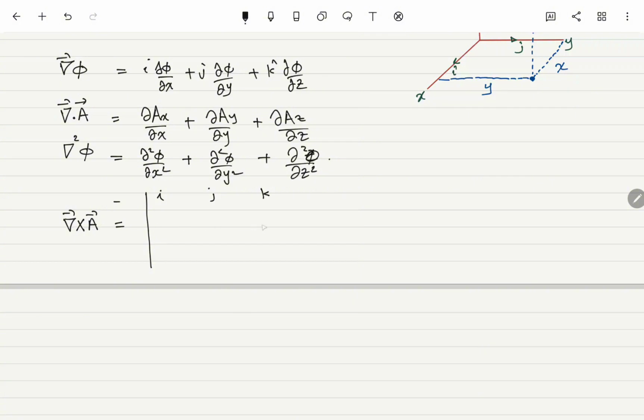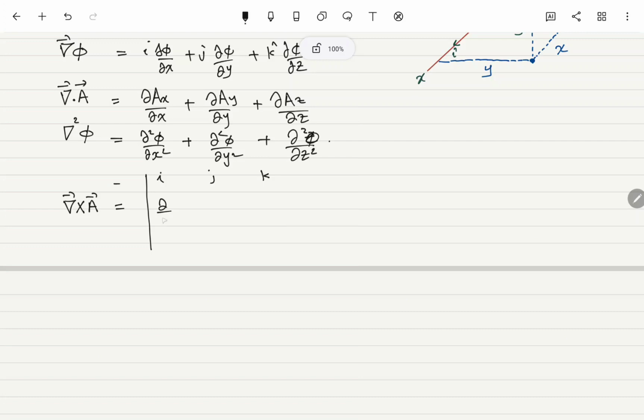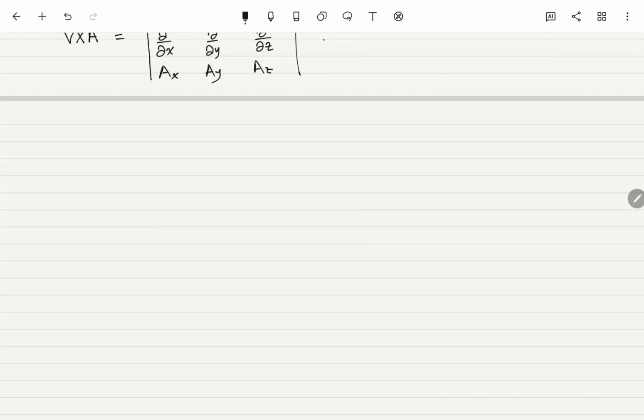The second row is the components of the del operator, partial partial x, partial partial y, partial partial z, and the third row is Ax, Ay, Az. In physics, we are interested in three coordinate systems: Cartesian, spherical, and cylindrical. Now let's discuss spherical coordinates.